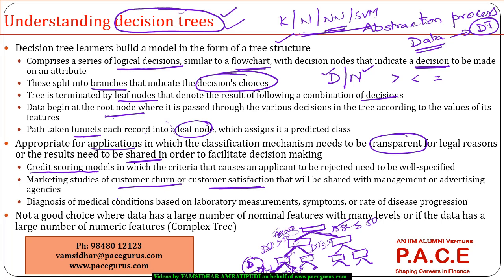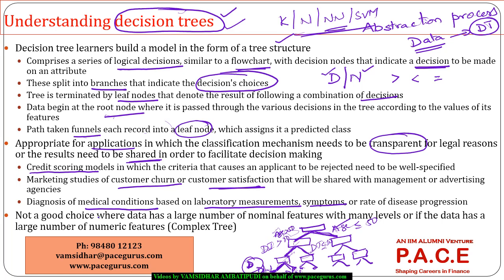Similarly, if I want to diagnose a medical condition based on lab results and symptoms, here also I can use the decision tree because the results need to be shared with the parties when and where required. So in all these cases, compared to the other classification algorithms, I should rely more and more on decision trees itself.